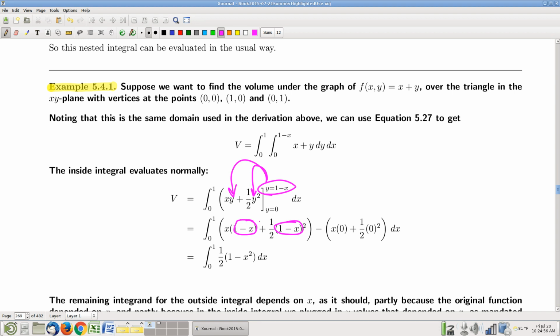There are some x's that originated from the original integrand, and there are other x's like this one that came from the bounds, namely the domain. So the origins of some of those x's are different. Some come from the integrand, some come from the domain. It's fine. Nothing to worry about.